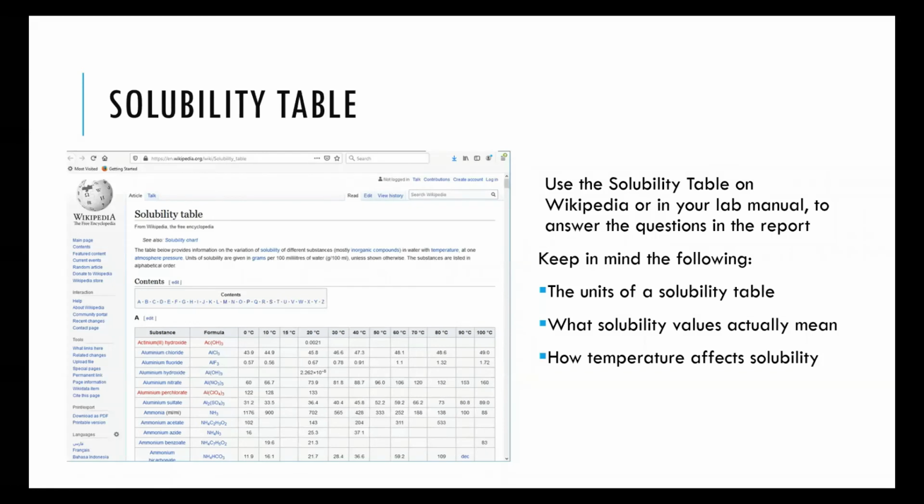Now, since this whole experiment is looking at solubility, a very good resource for what the actual solubility is are solubility tables. And there is a very good one on Wikipedia that could be used as kind of a jumping off point for determining some of the values.